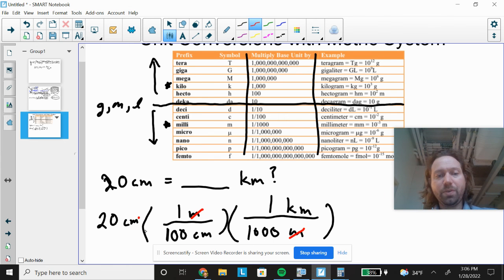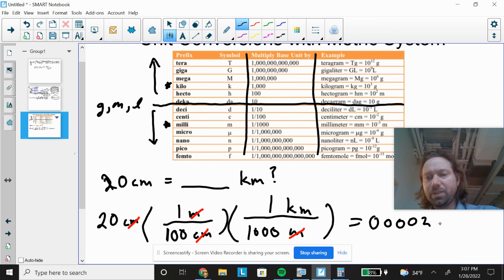And what I'm left with is 20 divided by 100 divided by 1,000. Another way of writing this is 2 times 10 to the negative fourth kilometer.